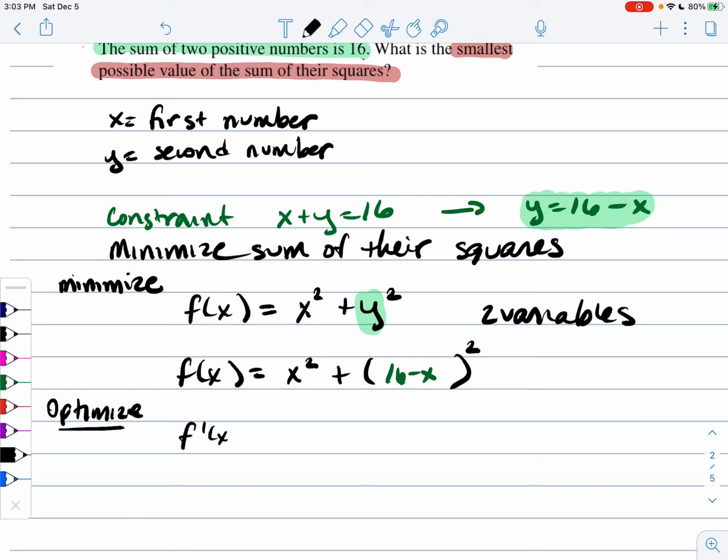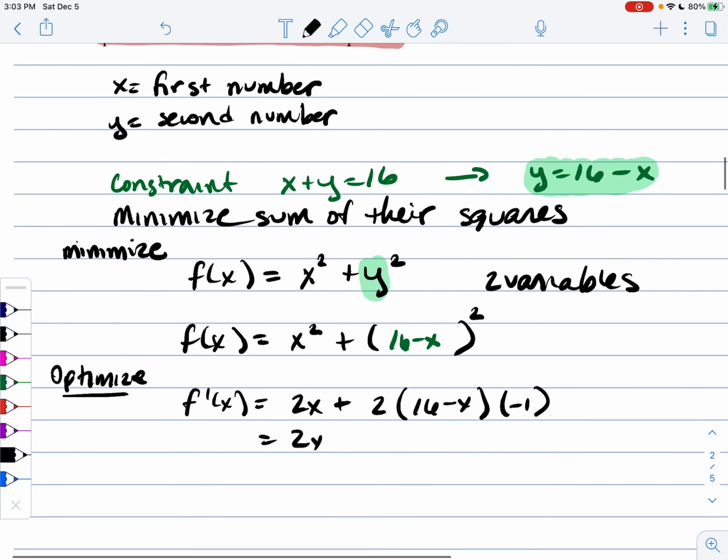So I'm going to take my derivative, and the derivative of this function is 2x plus, and we have 2 times (16 minus x), but then times the derivative of the inside, chain rule. Now I'm going to clean things up here. This says 2x plus 32 minus, or actually it's minus 32, right? Because we've got a minus on the outside.